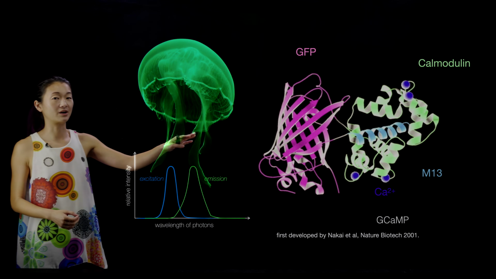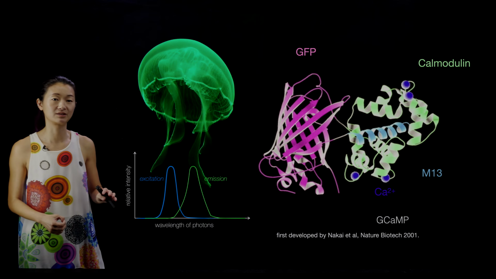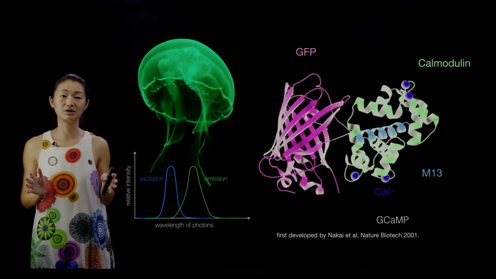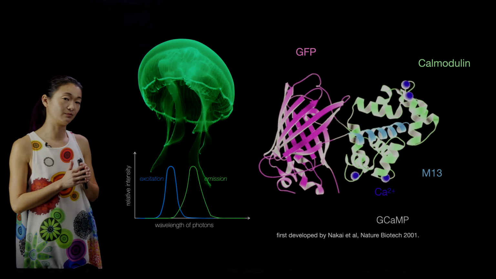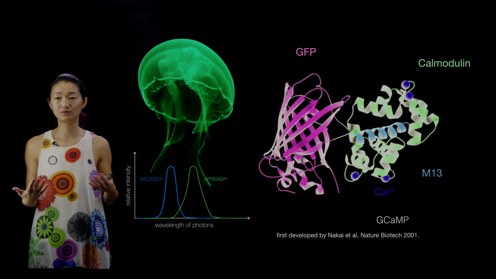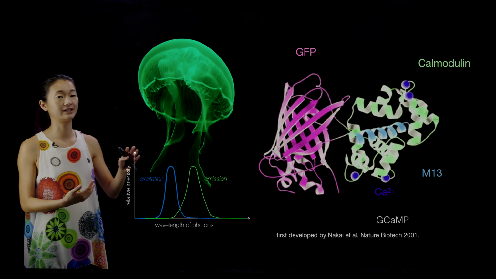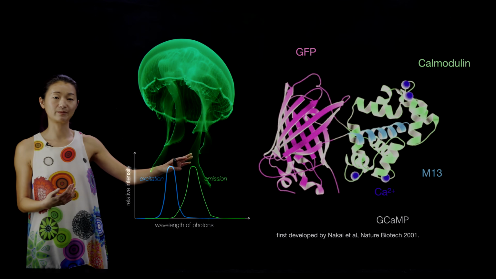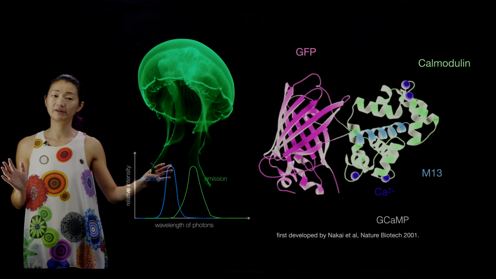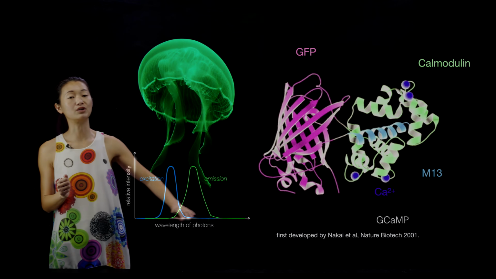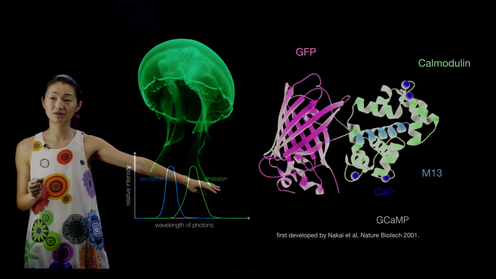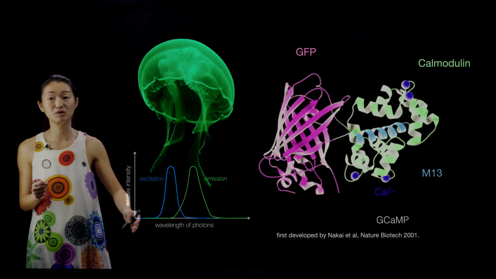The GFP part is, of course, the part that's responsible for fluorescence. I'm just going to remind you a little bit about how GFP works. GFP is a green fluorescent molecule. The way we can take advantage of it in these experimental systems is that it has what's called an excitation spectrum and an emission spectrum. I've drawn the cartoon version of it here, where we're talking about the wavelength of photons, right? Longer wavelength photons are more red, shorter wavelength photons are more blue.